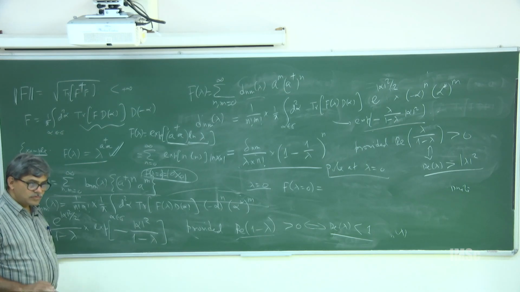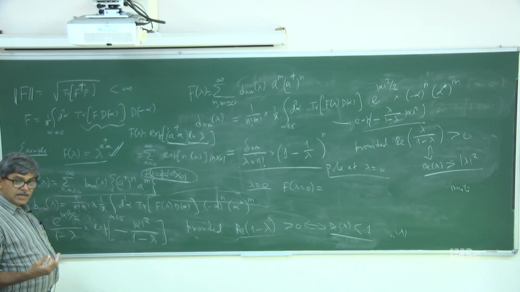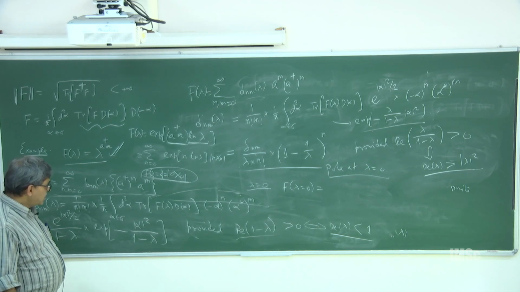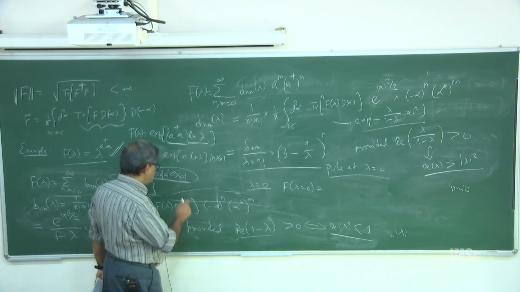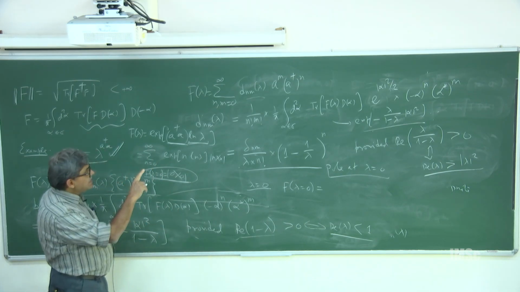I will give you the hint. The P distribution, as I told you, is connected with normal ordering, but here we need anti-normal ordering.